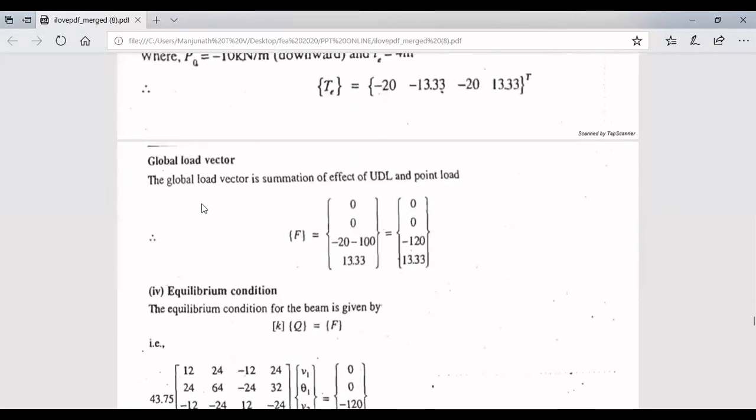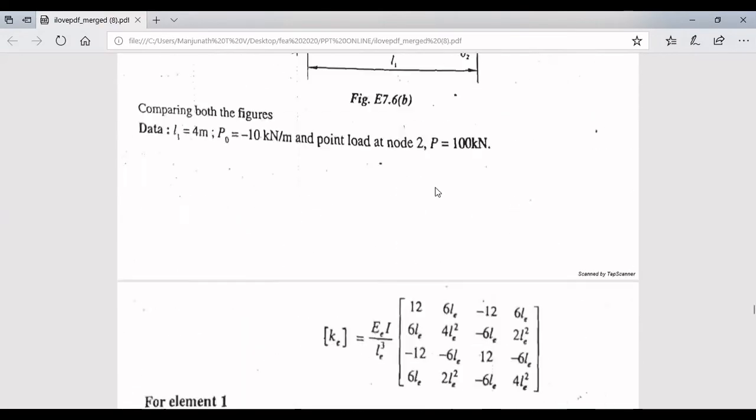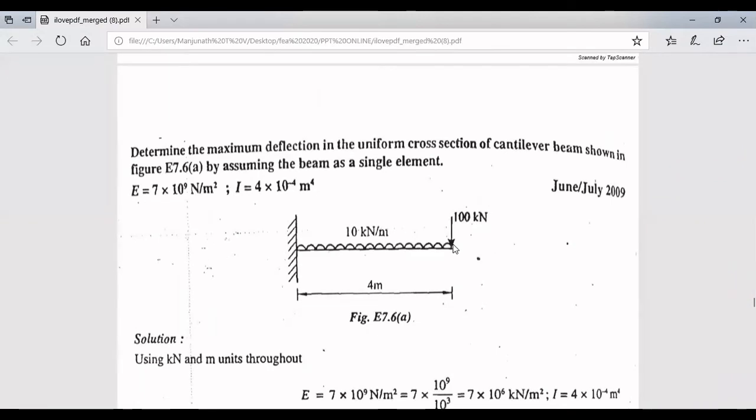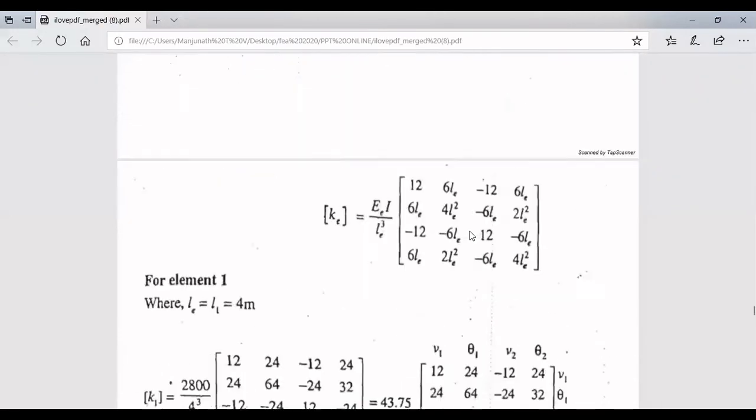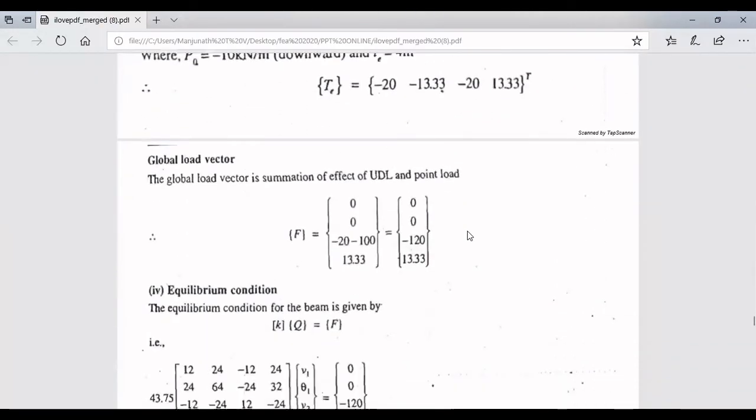But the global force vector is the summation of the effect of all UDL load and point load. Here in the problem there is a point load at node number 2. Along the length of the element, the UDL load is acting as 10 kilonewton per meter. Then the point load is acting, 100 kilonewton at node number 2. That we need to also add.